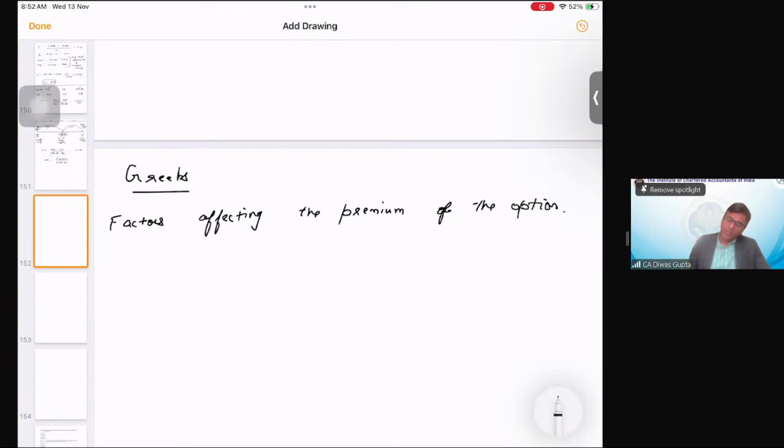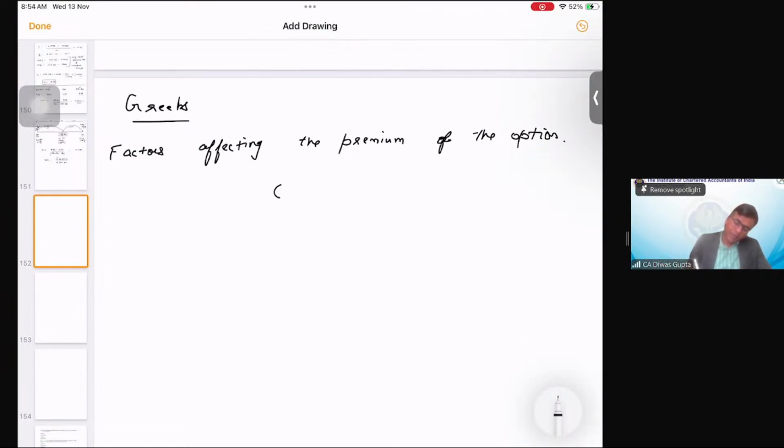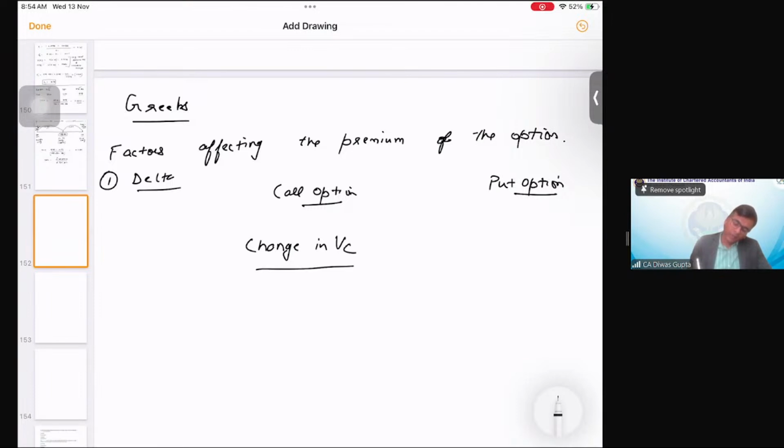It's a spot price. So call option and put option. Let's talk about these two, and let's talk about delta here. So delta becomes the first factor. Just now we correlated it with the actual numbers. So this is actually change in value of call option divided by change in spot price.